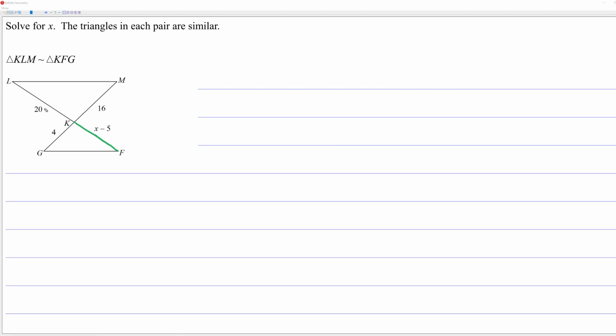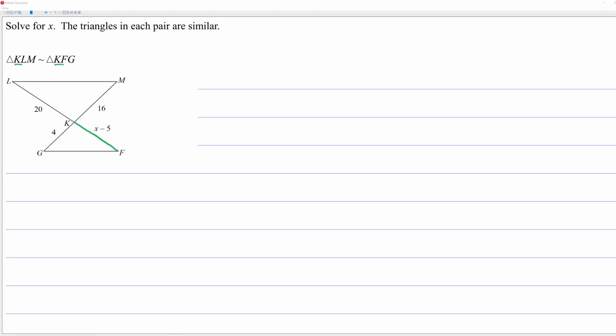I have to know if that corresponds to 20 or it corresponds to 16. Now, just looking at the picture, it looks like this side corresponds to this longer side KL. If you're unsure, or if you don't want to assume and possibly make a mistake, look at the order of the letters. Side KF, that's the first two letters. So side KF, yes, our intuition was correct. Side KF does have to correspond to side KL.